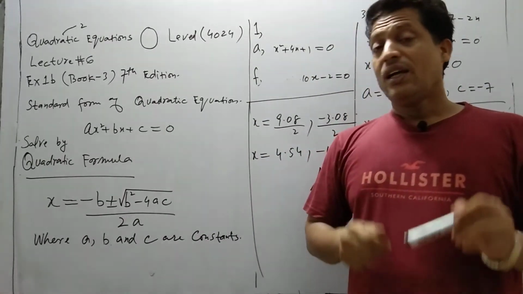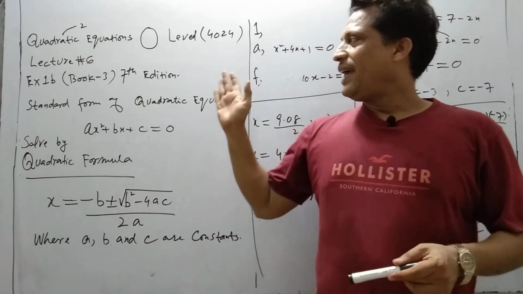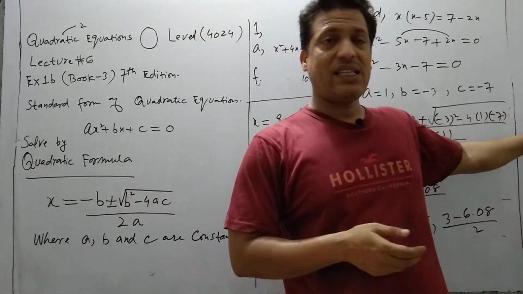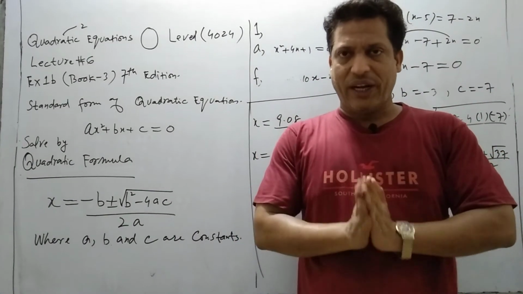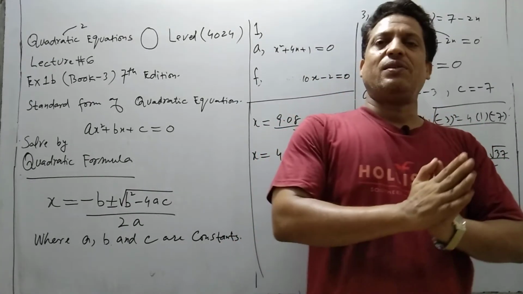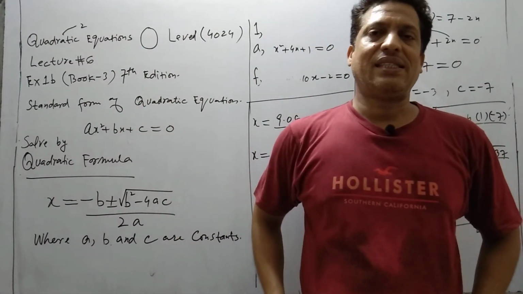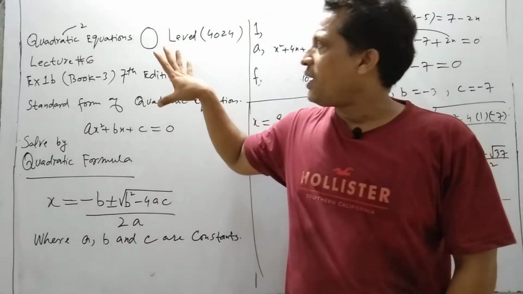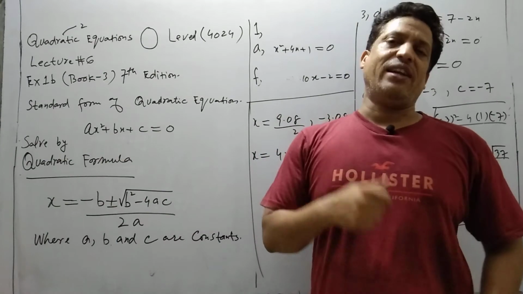Okay students, now we are moving in the next lecture to start exercise 1C, which is very important from an examination perspective, because in exercise 1C we have to solve quadratic equations with the help of the last method, the graphical method.